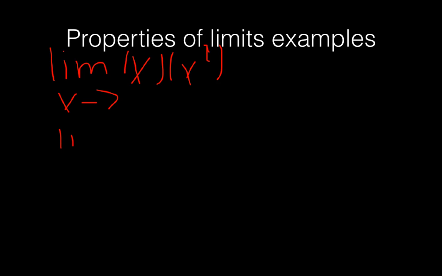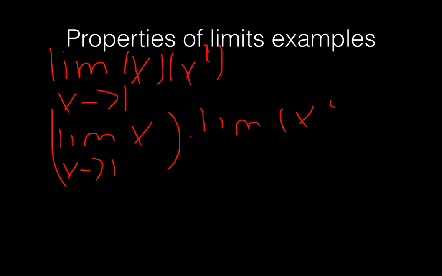Alright, using the product property of limits, we can show that the limit of x times x squared as x approaches 1 is the same as the limit as x approaches 1 of x times the limit of x squared as x approaches 1.